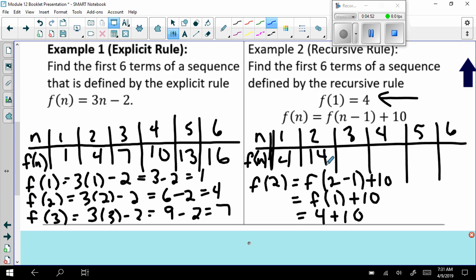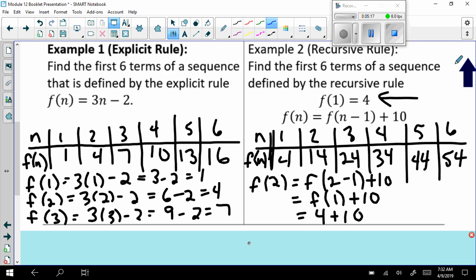So to do f of 3, it would be f of 2 plus 10, so 24. To do f of 4, it would be f of 3 plus 10, so 34. To do f of 5, it would be f of 4 plus 10. And to do f of 6, it would be f of 5 plus 10.